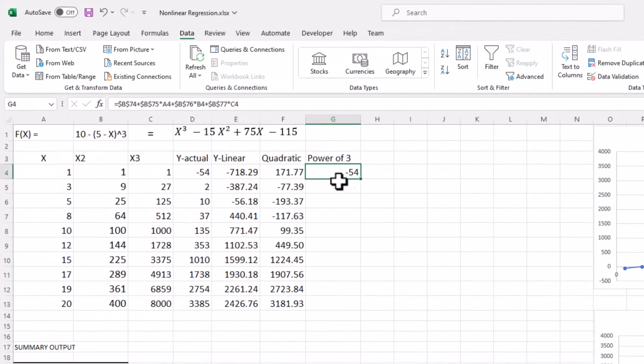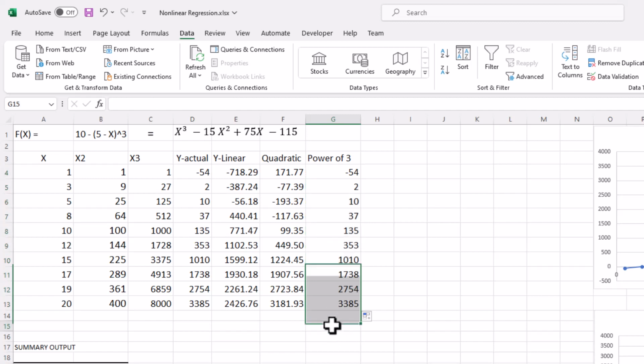And notice it became minus 54, which was the actual value. And if I just copy this cell down, we are going to get exactly the same as the actual values.